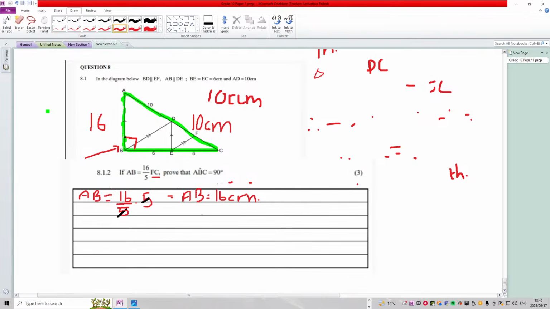So I have three sides to this triangle. If I can just use blue, I have 16 centimeter, which is AB.